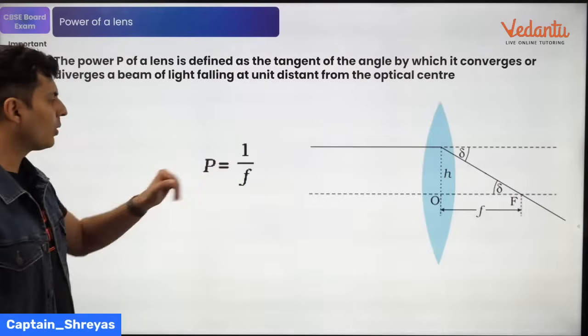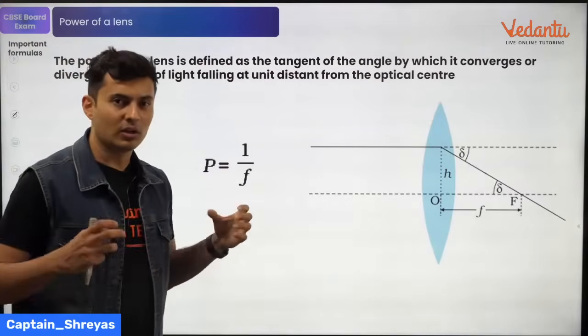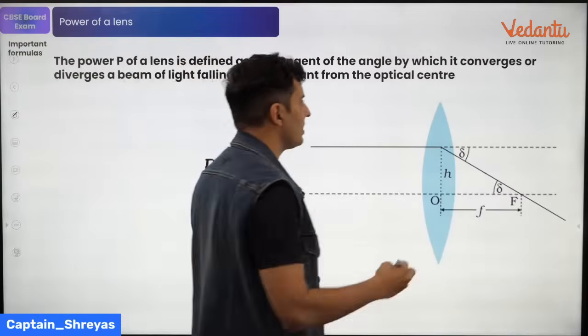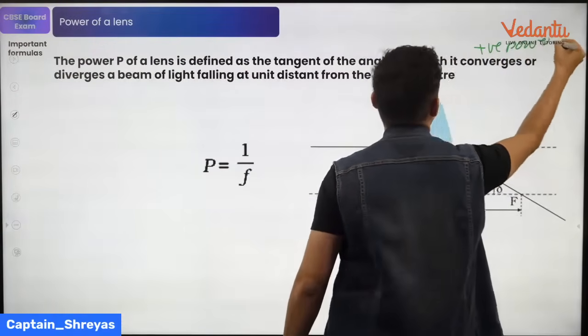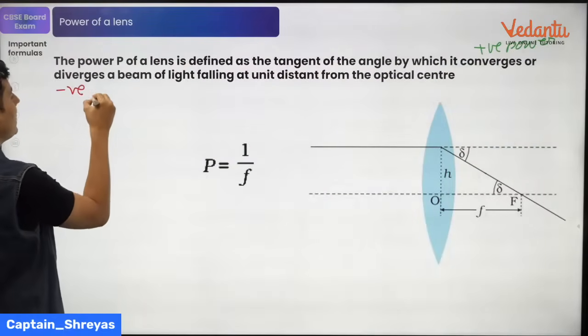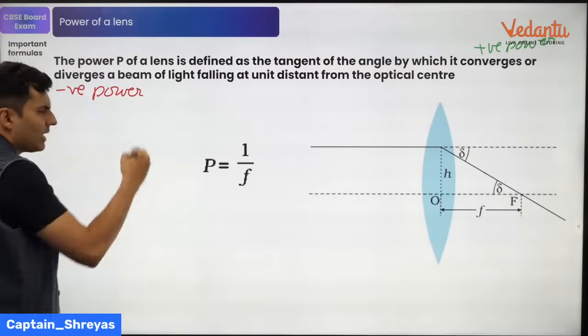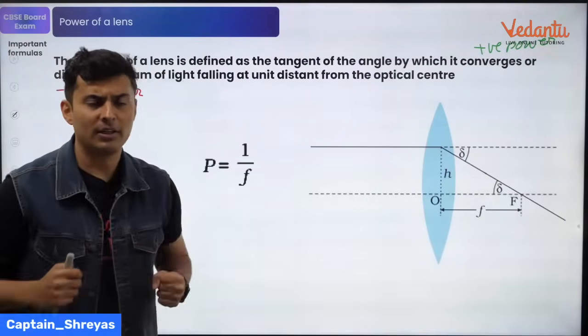If you take the reciprocal of focal length, you get the power. Power is the degree of divergence or convergence. So if it converges, it's positive power. If it diverges, then it is negative power. If it converges very soon, it has good positive power.